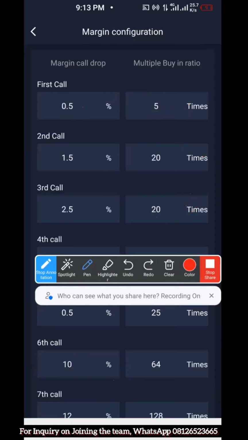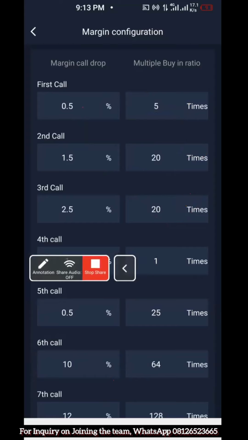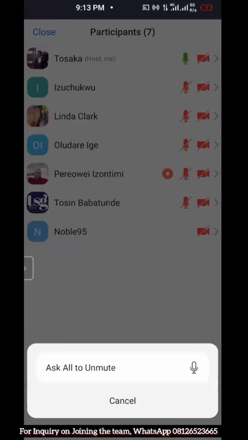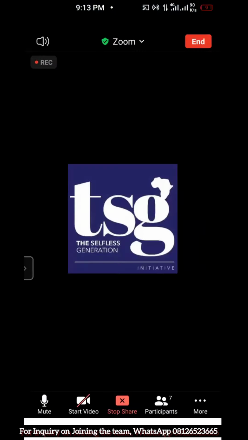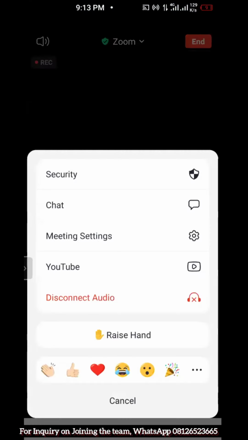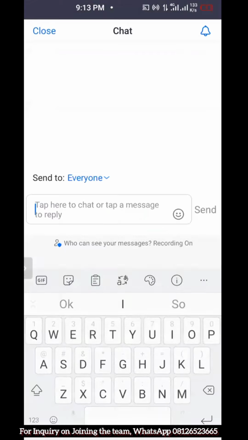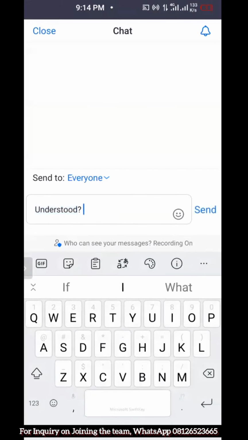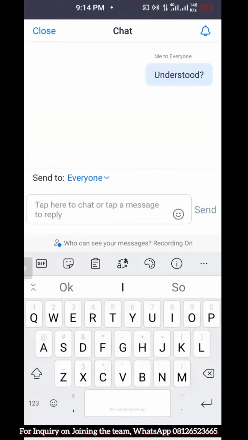So if you don't understand it well to this part, let me see it in the comments in the chat section. So I'm going to be in the chat section for the next 15 seconds. I hope we have that. So do we understand it to this point?